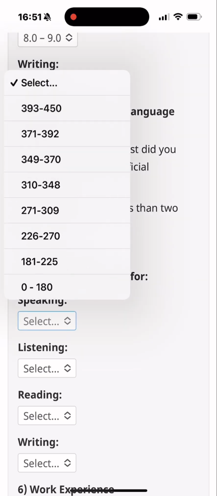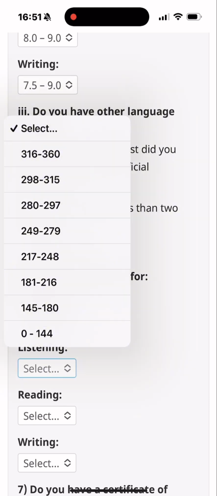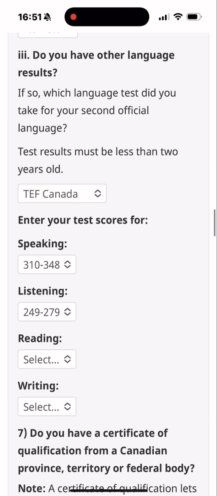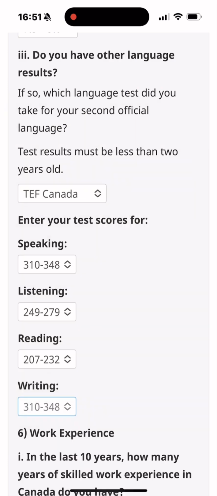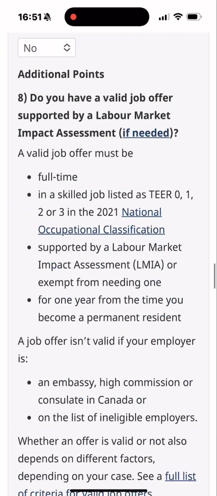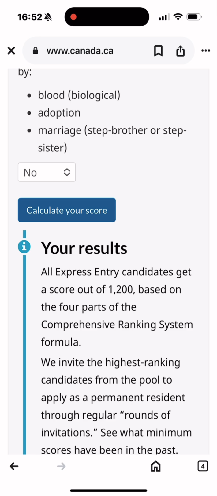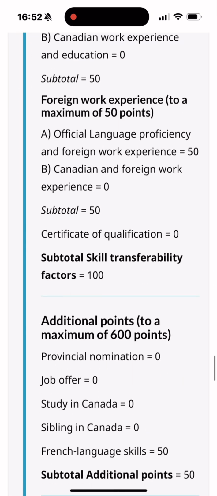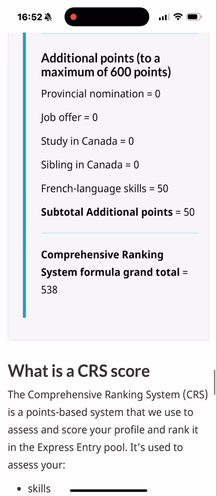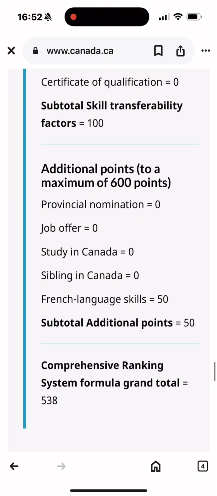For the sake of this simulation, I'll just pick the median score. I'm not going to pick the highest band, just the mid scores for each of the various segments: speaking, listening, reading, writing. That has greatly improved the score to 538.